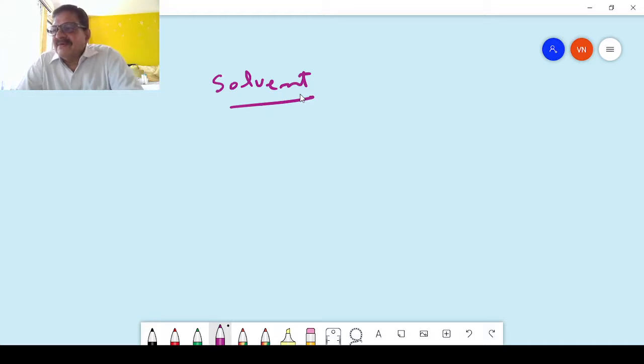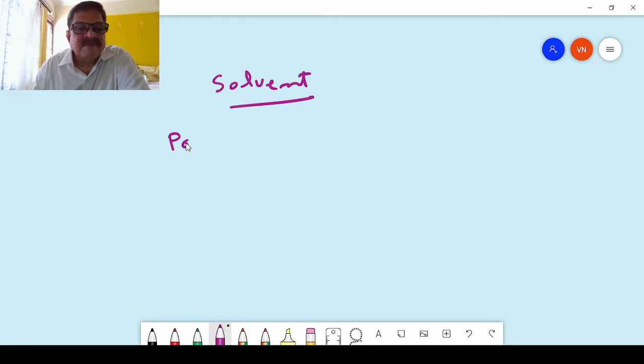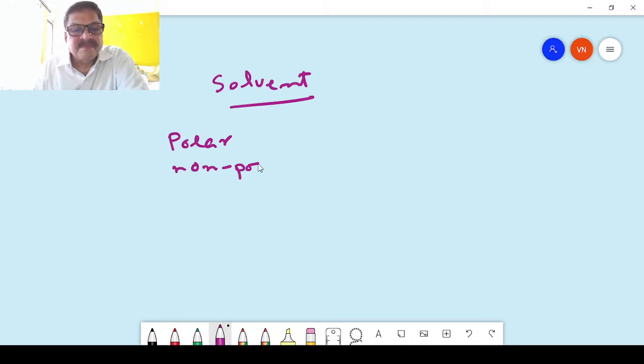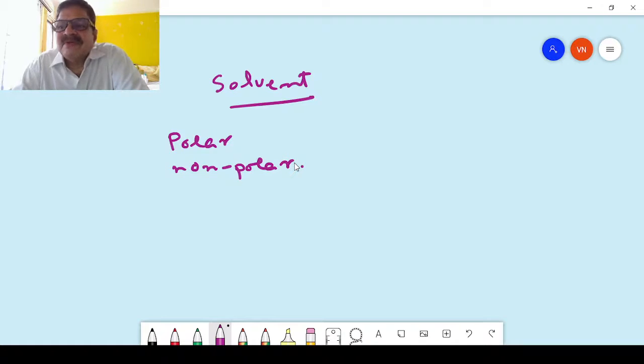Now, we have different types of solvents, that is polar solvents and non-polar solvents. Solvents are classified as polar and non-polar. Non-polar solvents are generally not used, because the ionic or polar species in these nucleophilic substitution reactions have limited solubility in non-polar solvents.